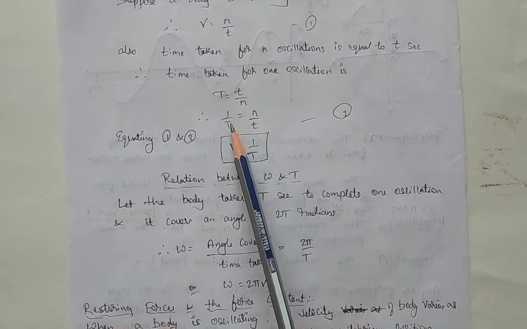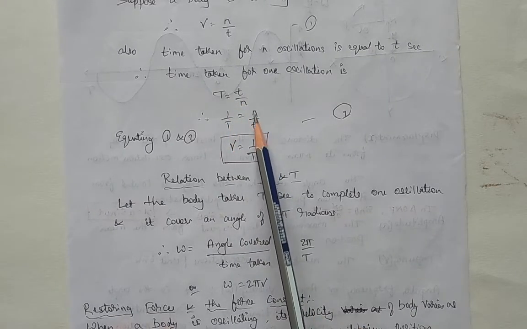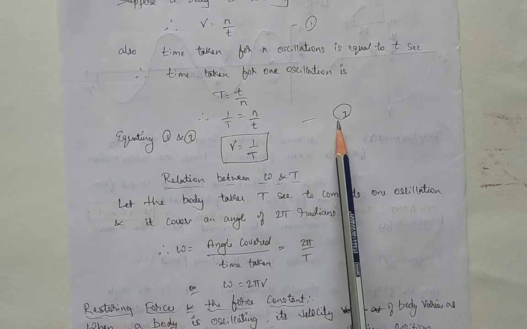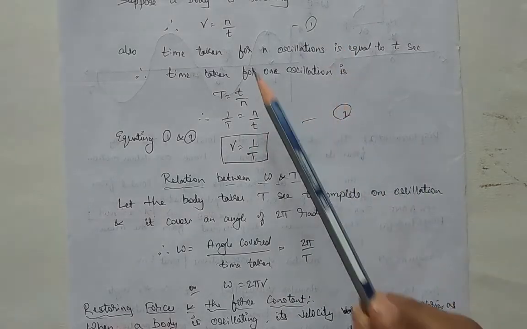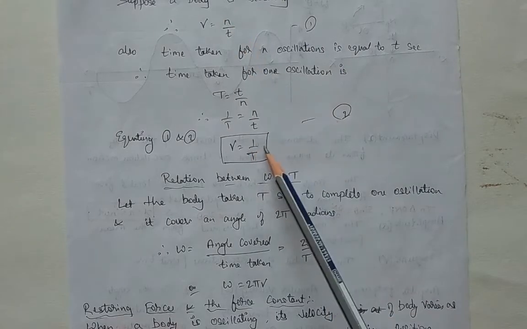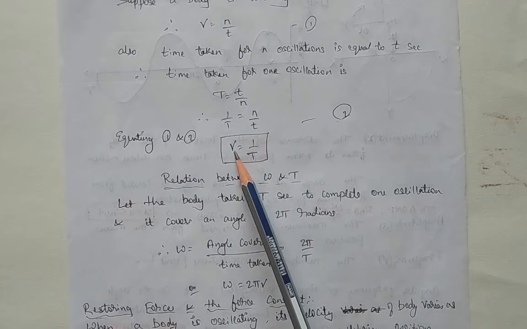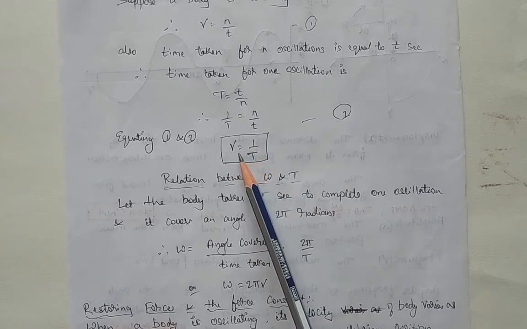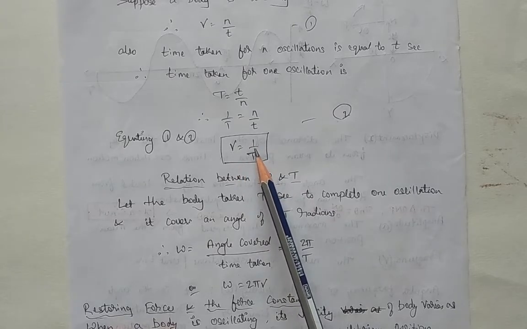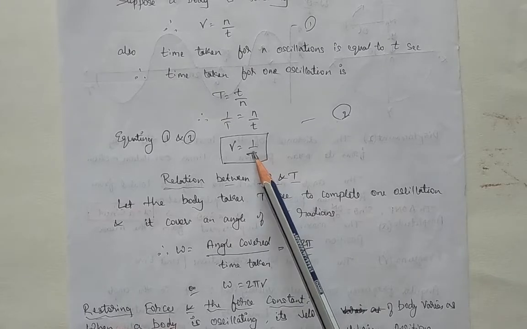Inversing, we get 1 by t is equal to n by T. Call this equation number 2. Now comparing equation 1 and equation 2, we can write nu is equal to 1 by t. So, frequency and time period are inversely proportional to each other.